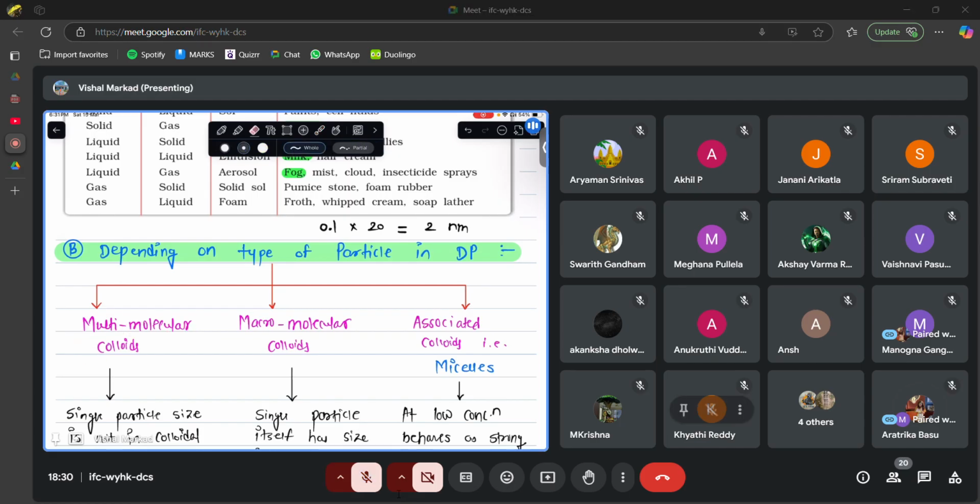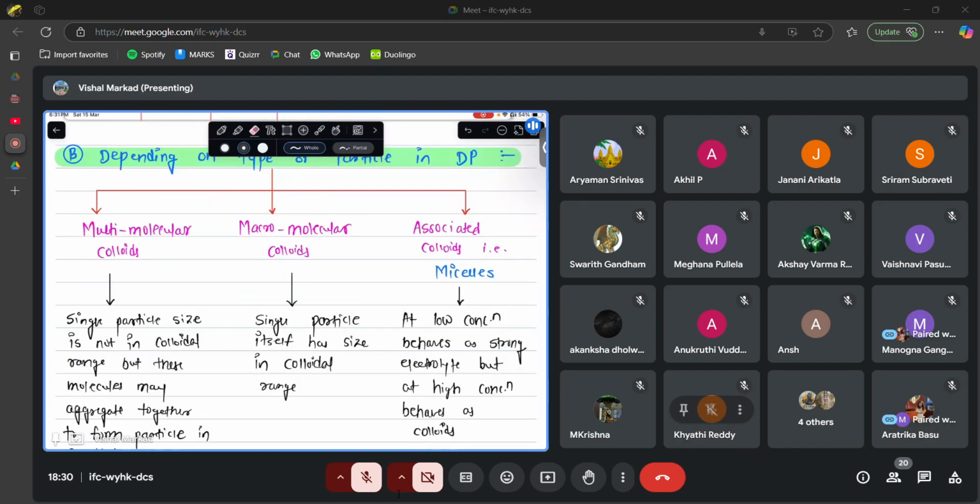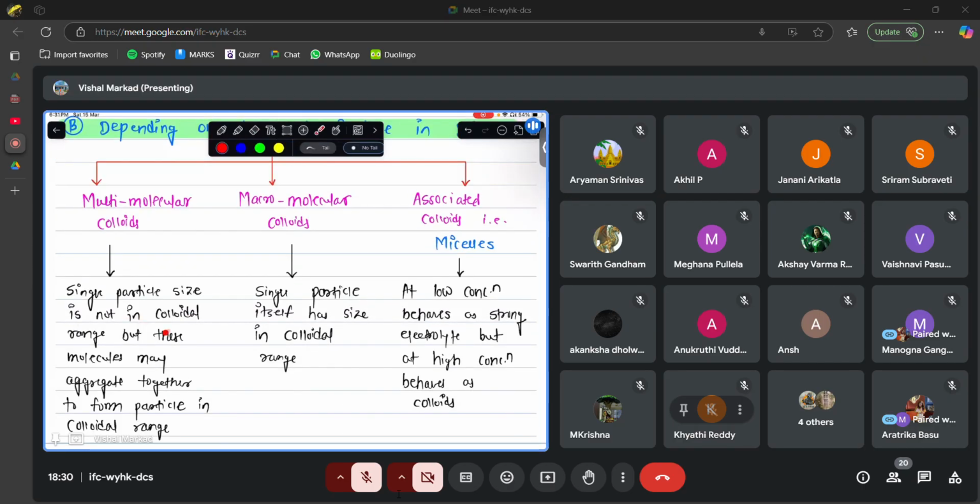Look here now. What is the definition of multimolecular colloid? Single particle size is not in the colloidal range, but these molecules may aggregate, meaning combine together, to form a particle in the colloidal range. Like that, initially the 0.1 nanometer particle we have taken is not in the colloidal range, this 1 to 1000. So I cannot consider that mixture as a colloidal solution.